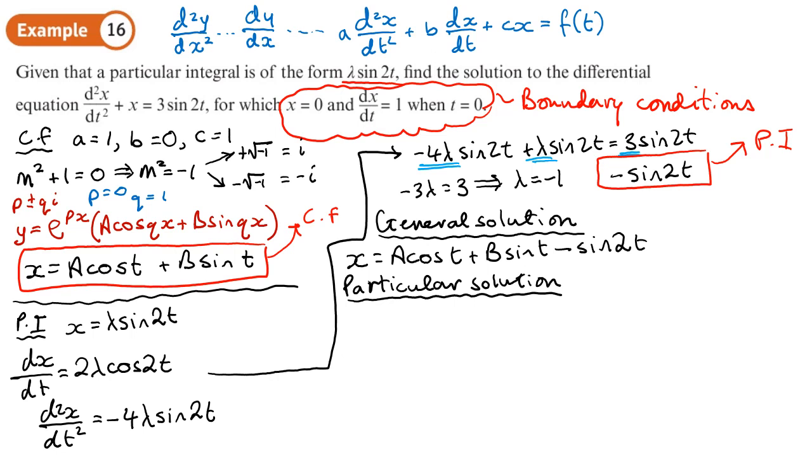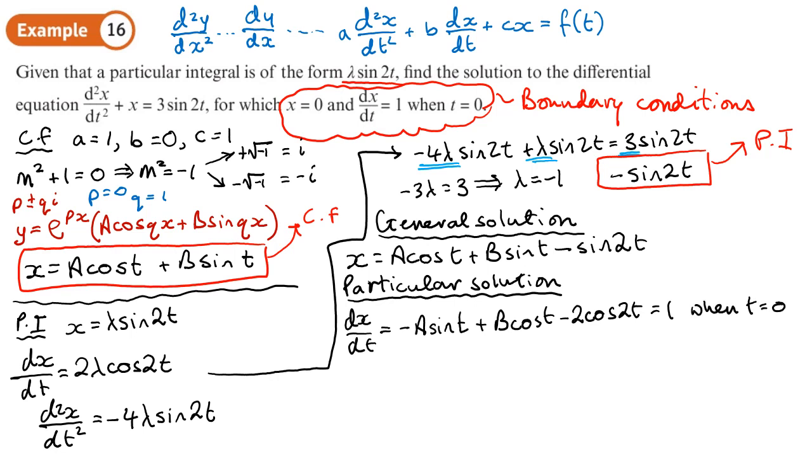Let's find first of all dx/dt, because I know dx/dt equals 1. So dx/dt is going to be negative a sine t plus b cos t minus 2 cos 2t, and that equals 1 when t is 0.